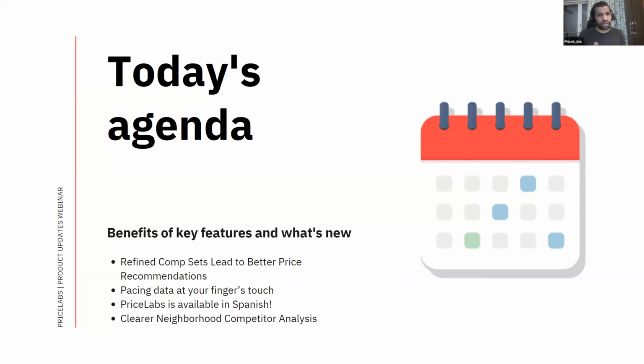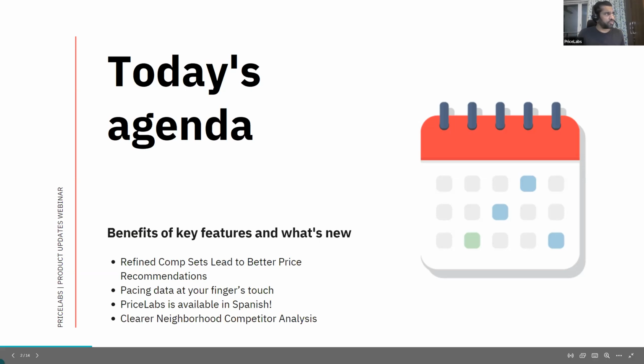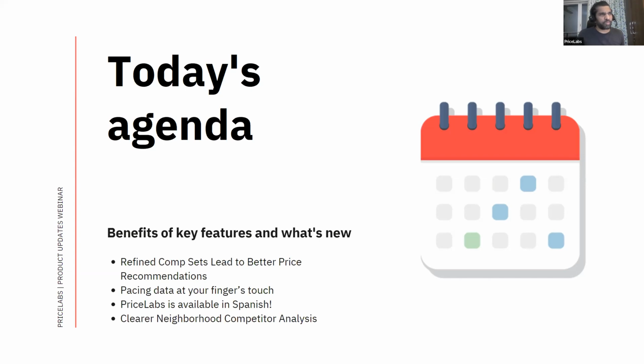Number two, I'm going to talk about pacing data that we have introduced at PriceLabs. We've been talking about pacing data and related graphs for the last couple of months, I want to say. That's largely because there was a major change that we did in how we stored and architected data in PriceLabs.